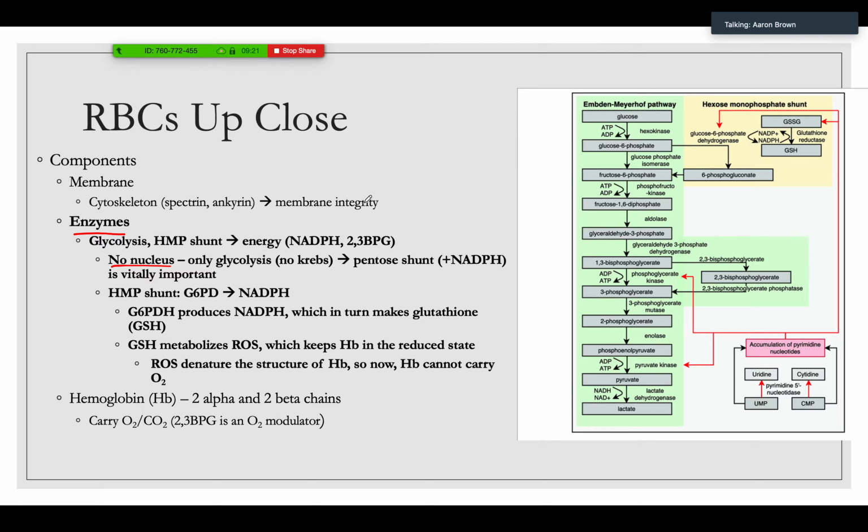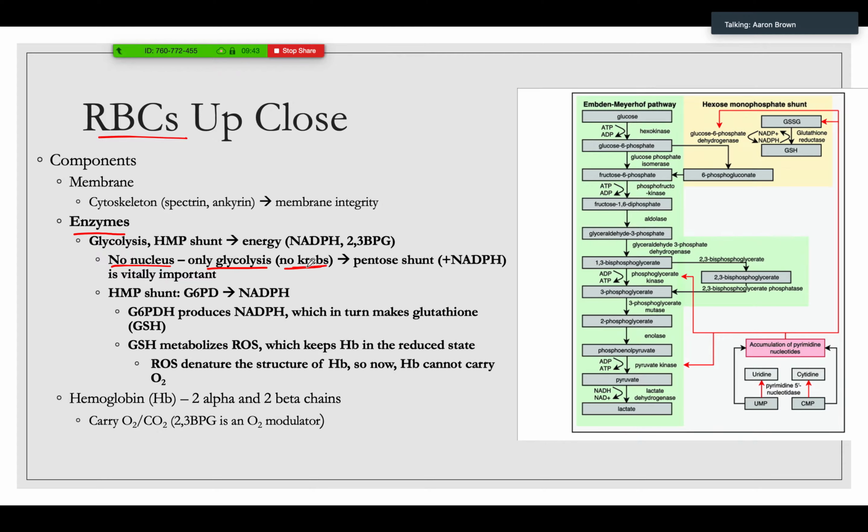Absolutely, yep, the Krebs cycle. Krebs cycle happens in the mitochondria, and then the electron transport chain also happens in the mitochondria, which is how you're actually going to generate the vast majority of your ATP. Red blood cells don't have either of those. They have no nucleus and they have no mitochondria. So their only way to create energy is through glycolysis.